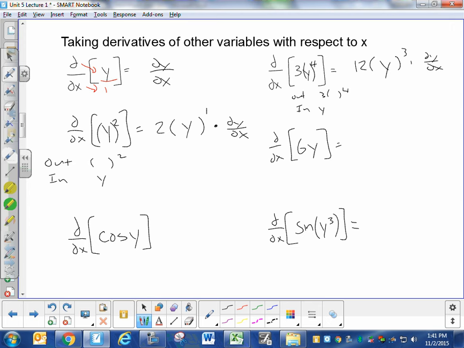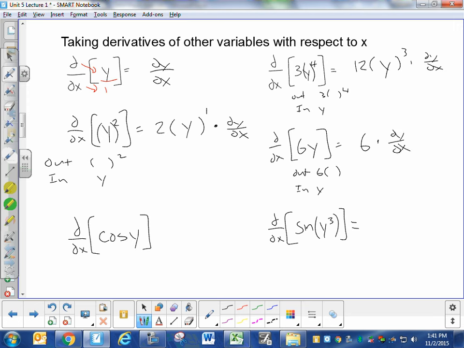I'm going to do the same thing with 6y. I have an outside, which is 6 parentheses, and inside, which is y. The derivative of 6x would just be 6 times the derivative of the inside, dy dx.